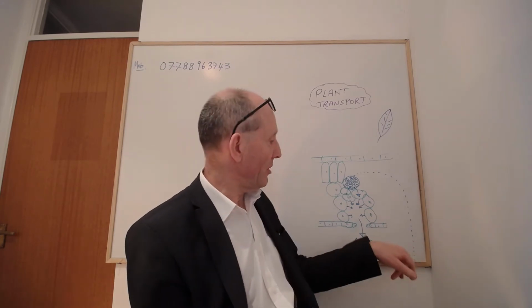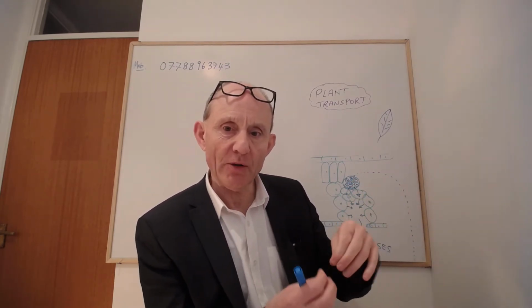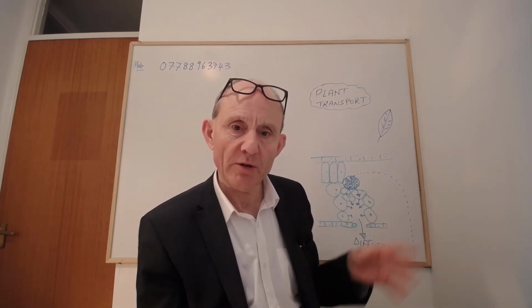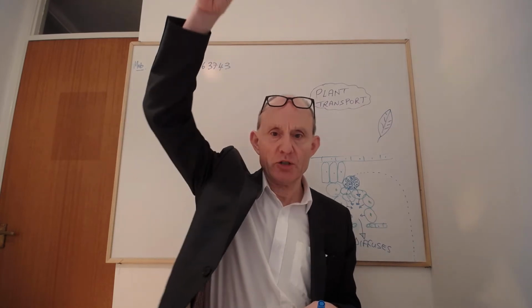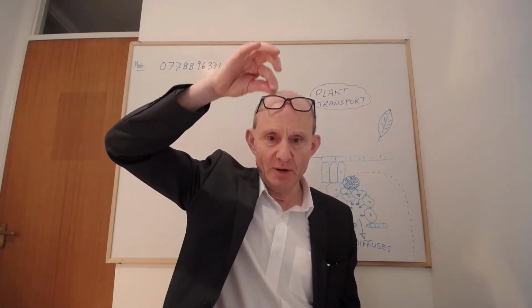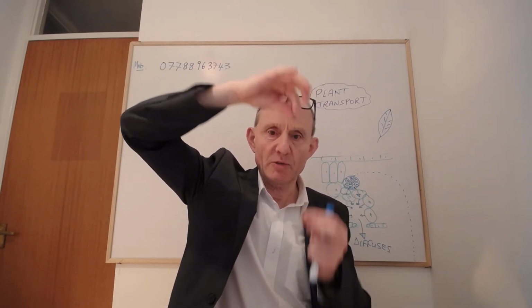Now, because the water molecules are pulled up the stem of the plant and held onto each other, there are stretching forces because of the weight of the water molecules. If you're pulling a big long chain of water molecules up and they're all held to each other, there's a weight involved, so the long chain is being stretched.